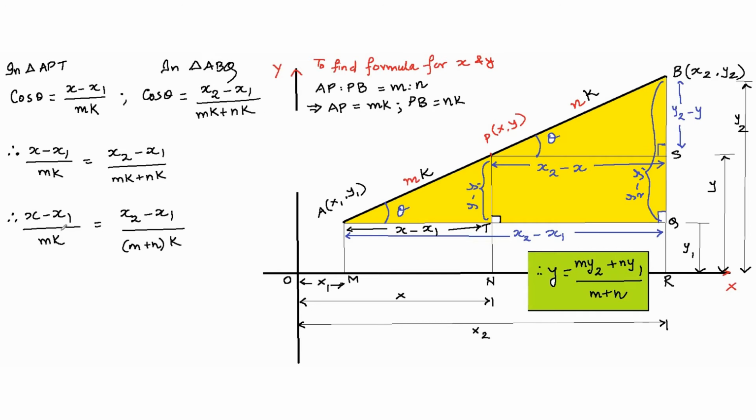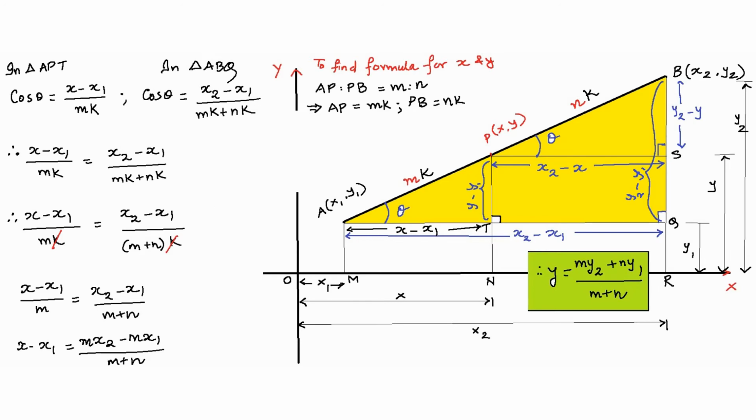The value of k cancels from both the denominators, and therefore we get x minus x1 by m is equal to x2 minus x1 by m plus n, and cross multiplying I get x minus x1 is m multiplied with x2 minus x1, so you get m x2 minus m x1 divided by m plus n.